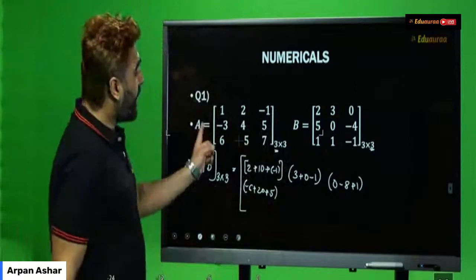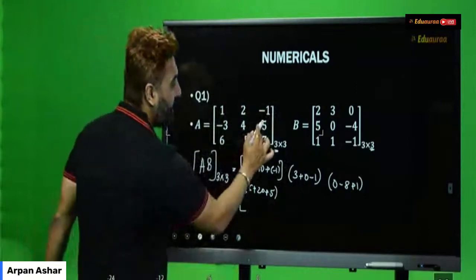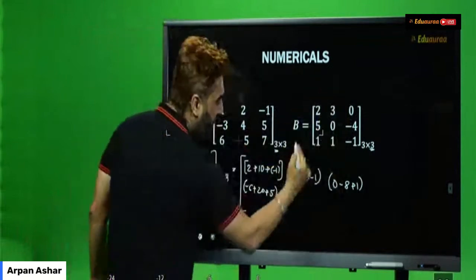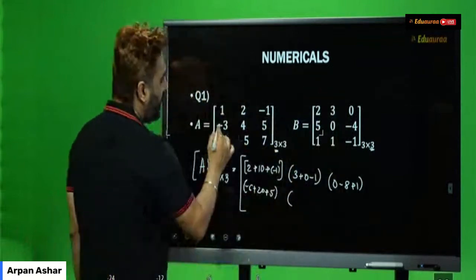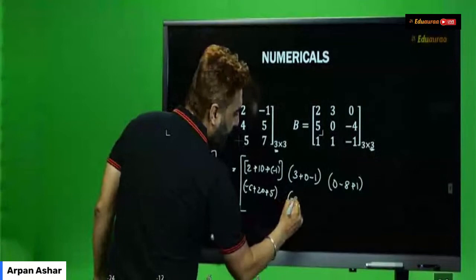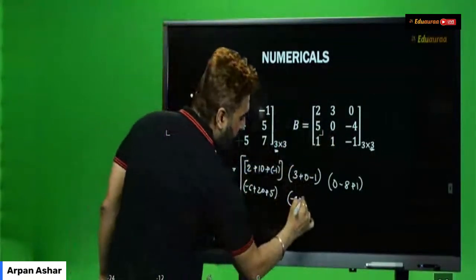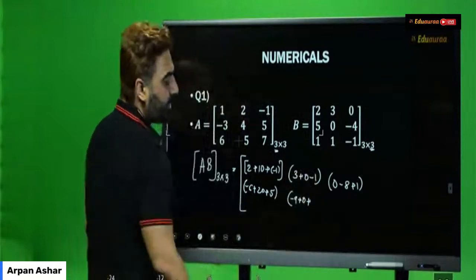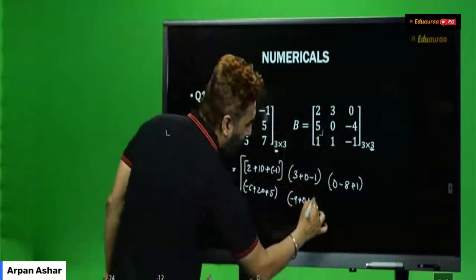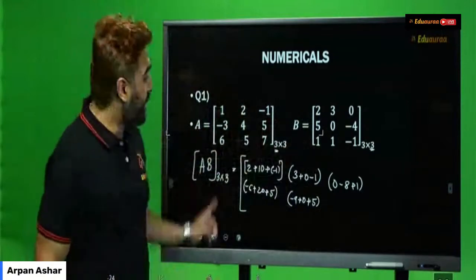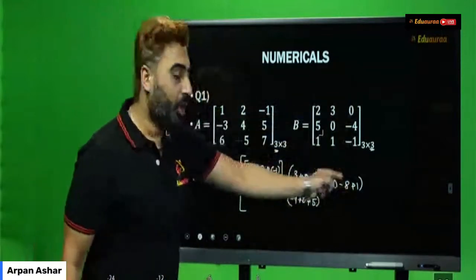Then a22, second row, second column. So ये होगा -3 into 3, -9, plus 4 into 0, 0, plus 5 into 1, 5. Next क्या आएगा? a23, second row, third column.